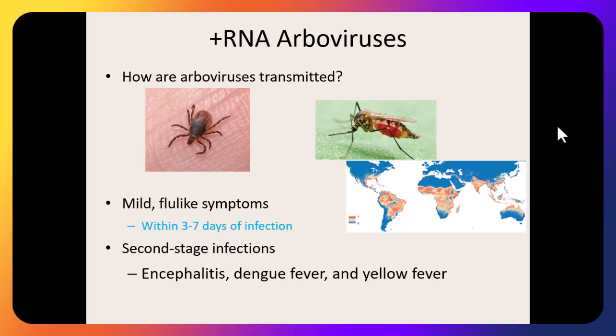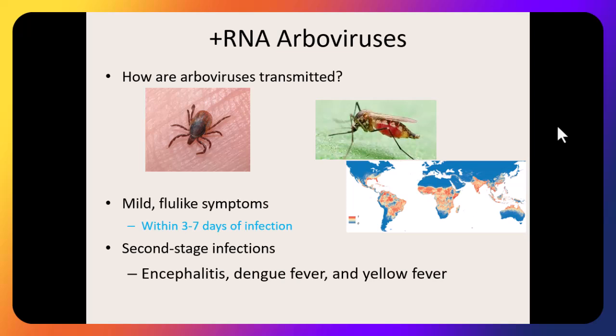Some of them can be more severe, but generally when we're talking about a virus infection spread by mosquitoes, it's usually not the first time you get bitten by an infected mosquito or insect that you suffer the worst.